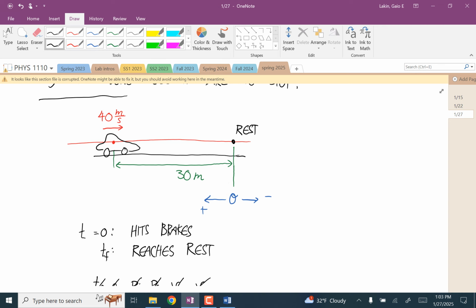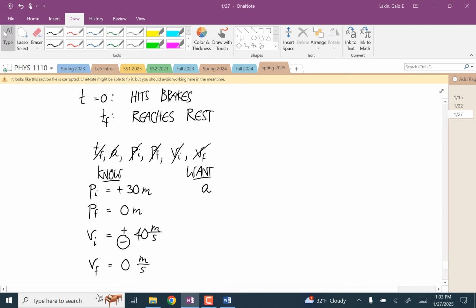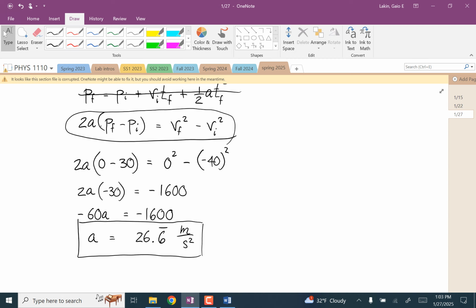Yes? When you figured out A, where do we get it from? The one in the box? Yeah. So you have negative 60a is equal to negative 1600, and so then just divide both sides by negative 60.